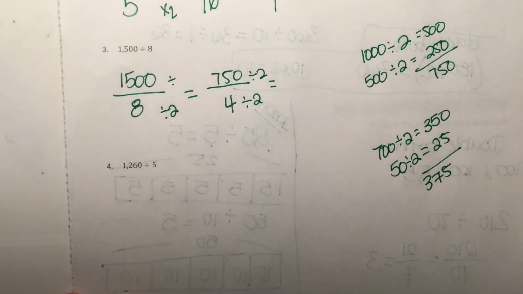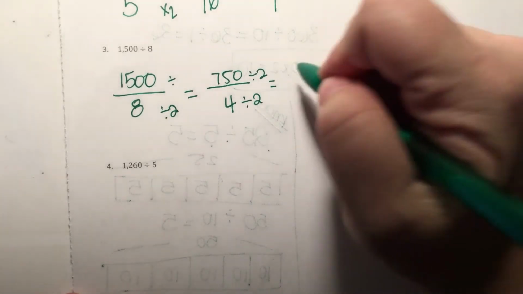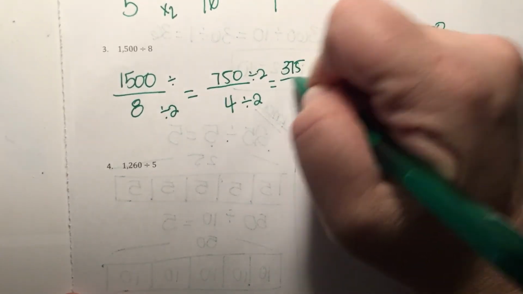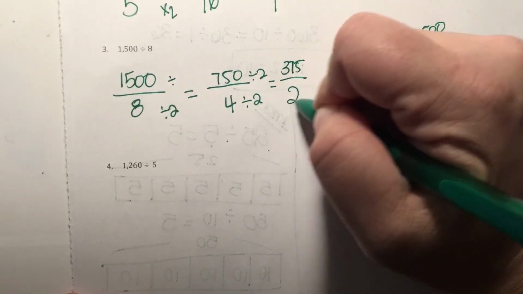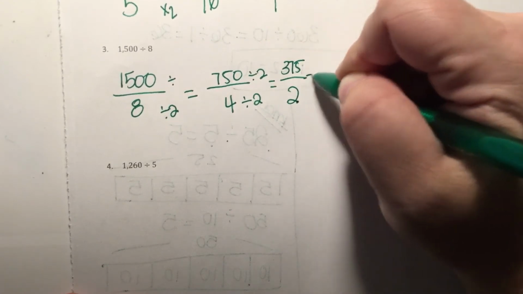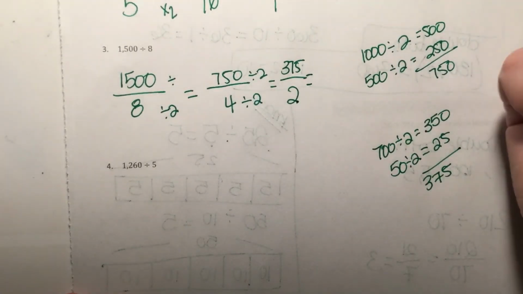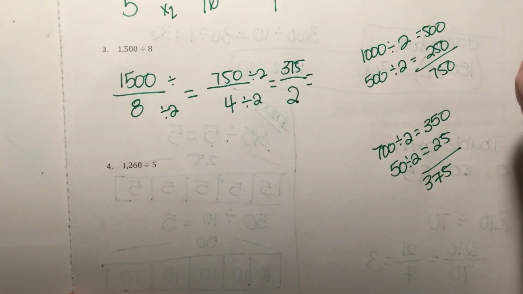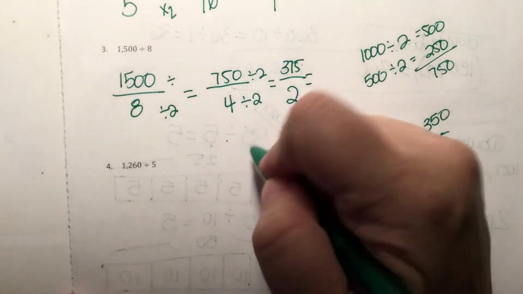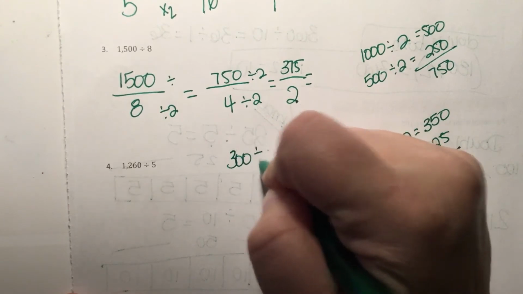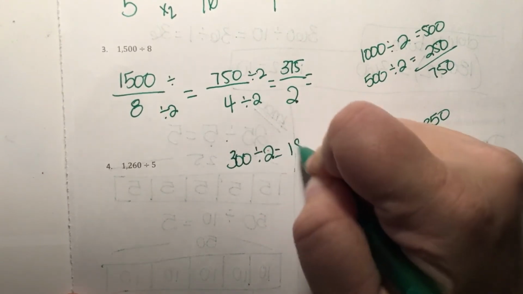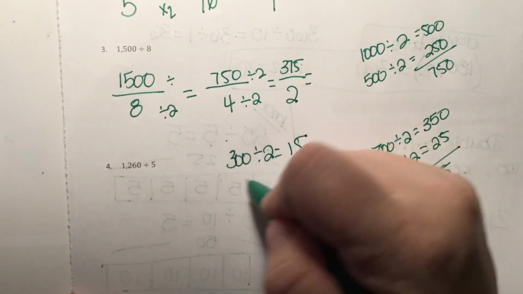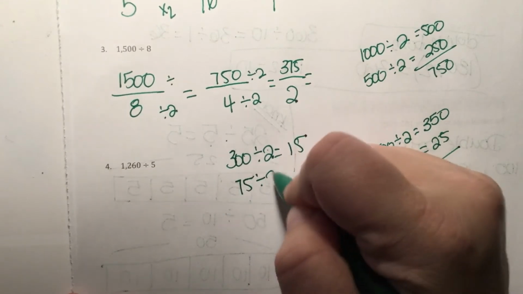Mental math. Did I need a calculator? No. So 375 over 4 divided by 2, I know that's 2, okay? This one, I gotta divide that one in half, right? Okay, so let's think of it this way. So we have 300 divided by 2 is equal to 150, right? Then I have 75 divided by 2.